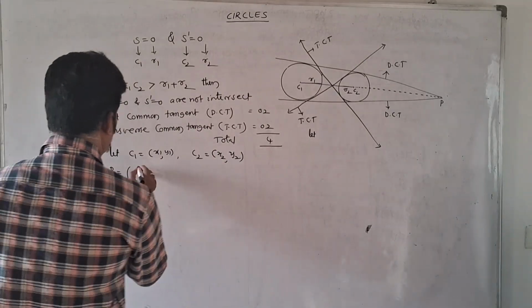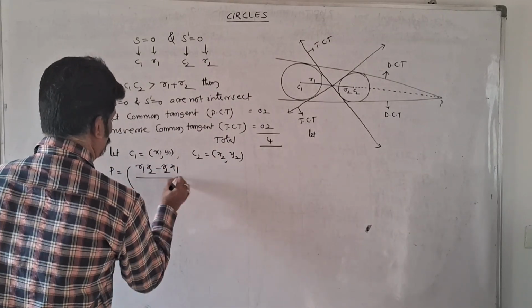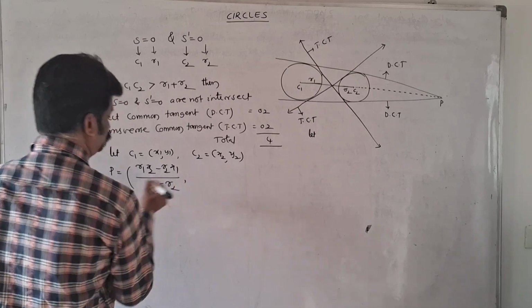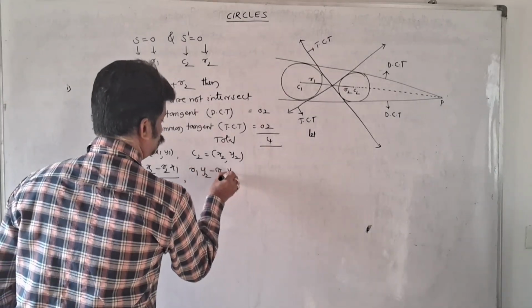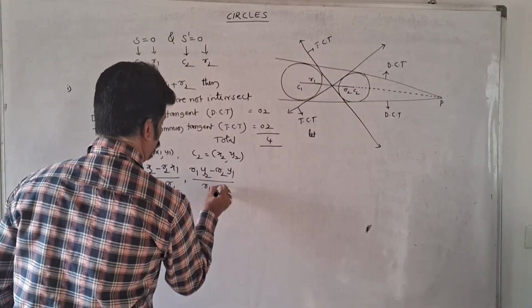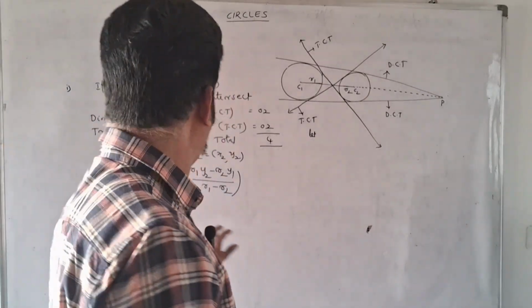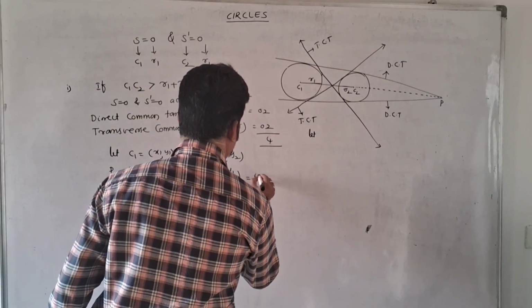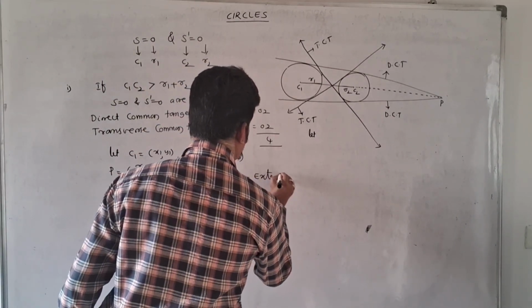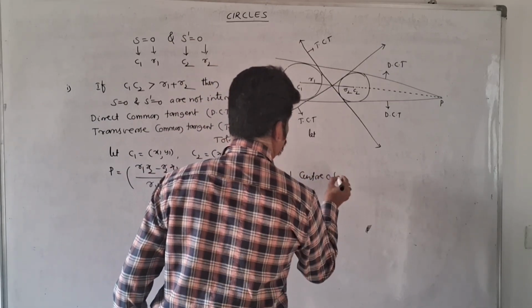Externally means P is ((R1x2 minus R2x1) by (R1 minus R2), (R1y2 minus R2y1) by (R1 minus R2)). This is the external center of similitude.